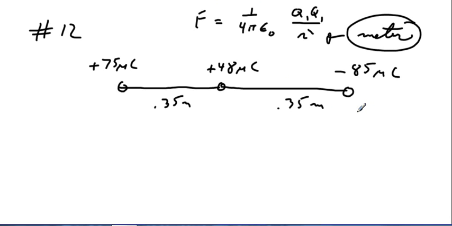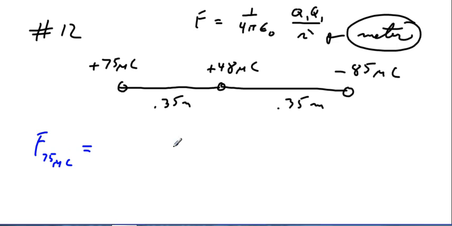All right, well, what does the question want to know? Calculate the net force on each charge due to the other two. All right, so we want to know the force on the 75 microcoulomb charge.